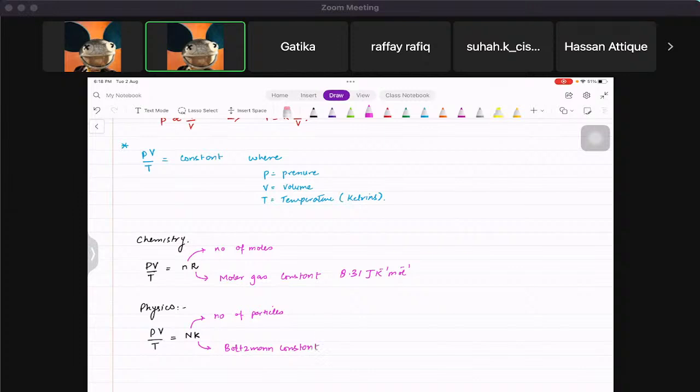This value is also already given. The Boltzmann constant is 1.38 times 10 raised to power minus 23. Is it clear, everybody? You don't need to remember this. This will also be given.